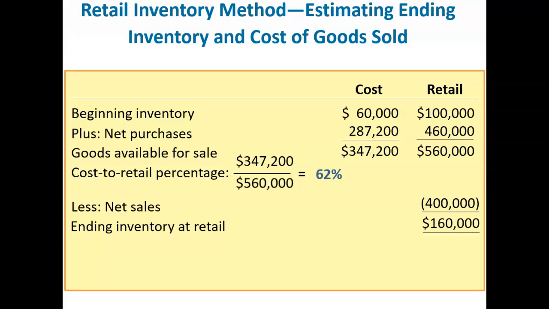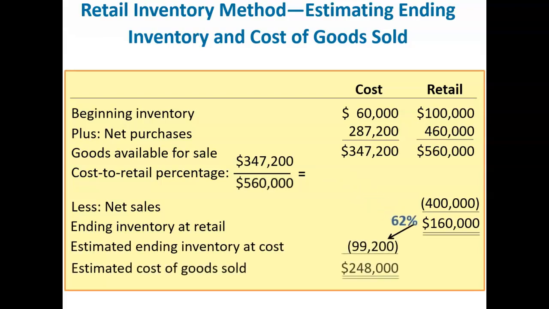Think about this for a minute. It's very logical. If $560,000 of goods are available for sale at retail prices, and the company sold $400,000 worth of inventory, obviously at retail selling prices, then inventory that was not sold is $160,000. So ending inventory at retail prices is $160,000.